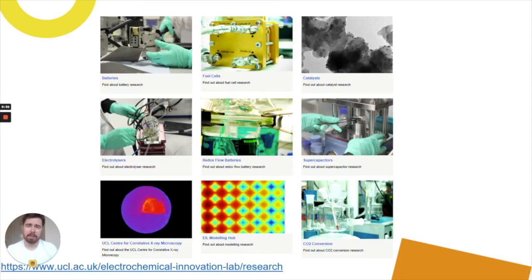In fact, I started out as a chemist and have ended up as a chemical engineer working in an amazing research group at UCL called the Electrochemical Innovation Lab. And although chemical engineering is wider still, even in the EIL, we have been focusing on a whole host of areas, including batteries, fuel cells, electrolyzers, supercapacitors, CO2 conversion, and much, much more. It's a really exciting research area to be involved in.